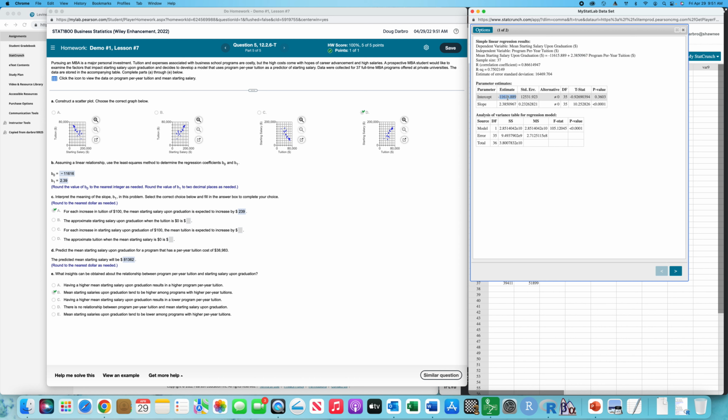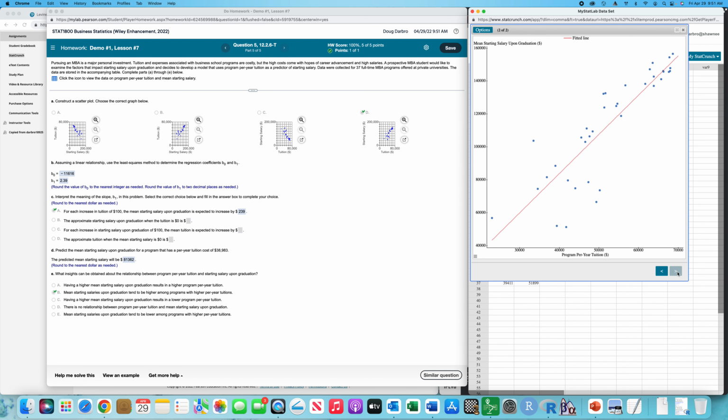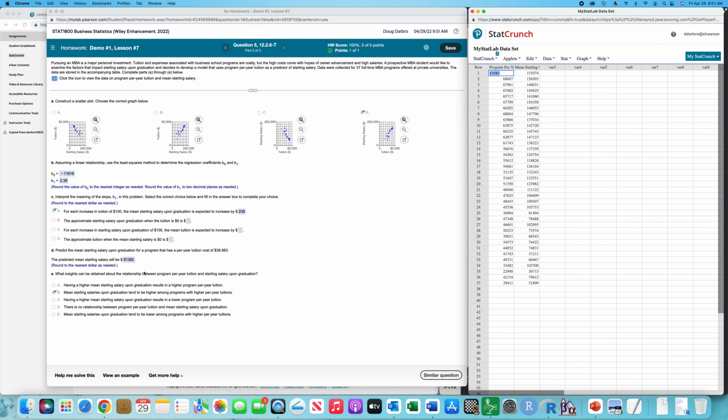Another way of getting that is in the parameter estimate table. Whatever is with the intercept is B0, and whatever is with the slope is B1, right? And then you get something kind of cool here. You get the scatter plot with the line of best fit, although we really don't need that. So let's get rid of that.